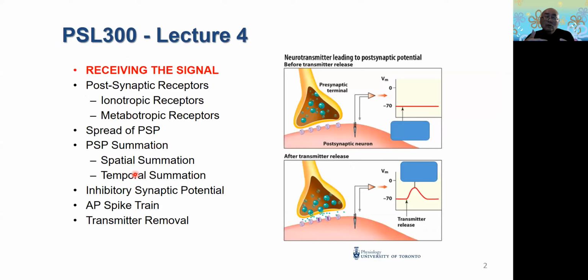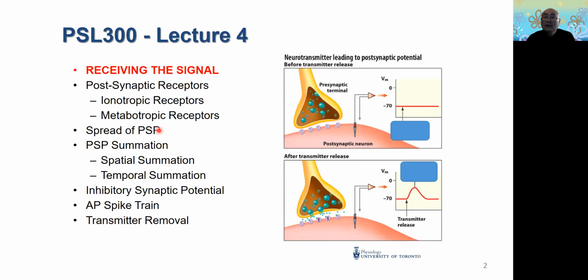Here we're looking at what happens when the signal gets sent to the next cell, at these postsynaptic receptors. We're going to identify the different classes as either ionotropic or metabotropic. Then when they get activated, because we're not activating voltage-gated sodium channels, we'll see how the postsynaptic potential that gets generated spreads across the surface of that neuron.